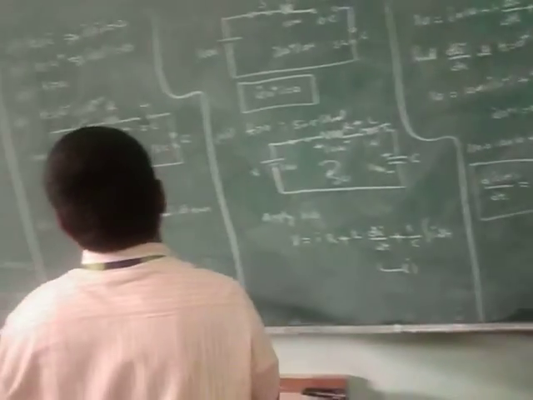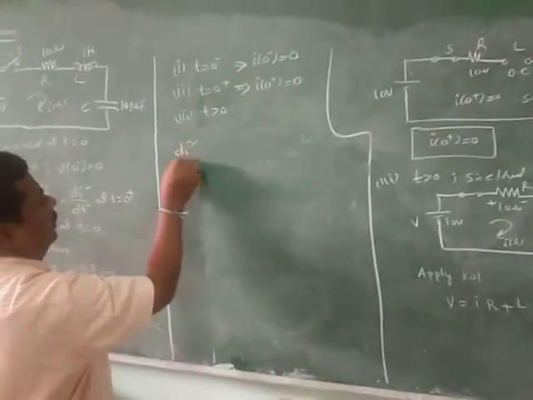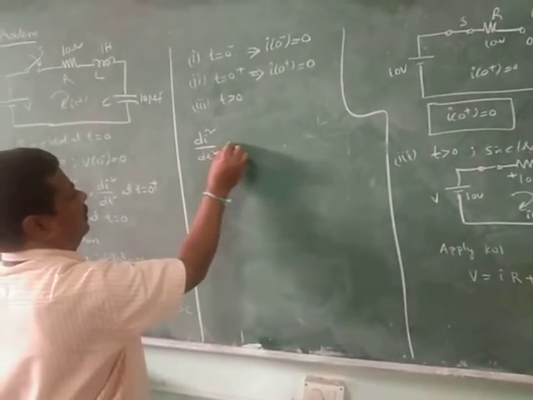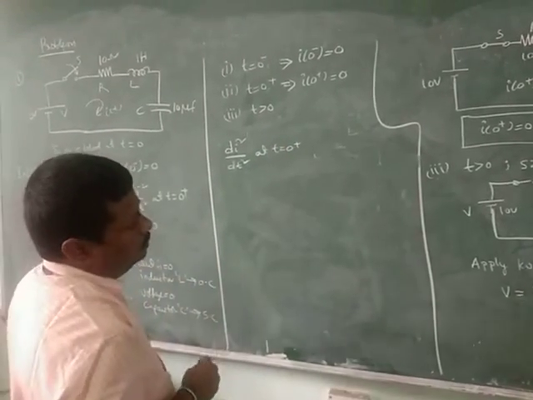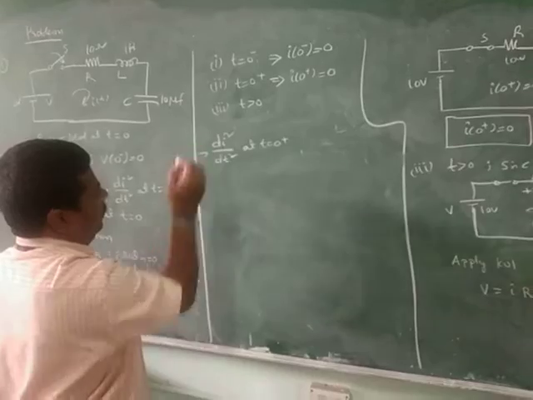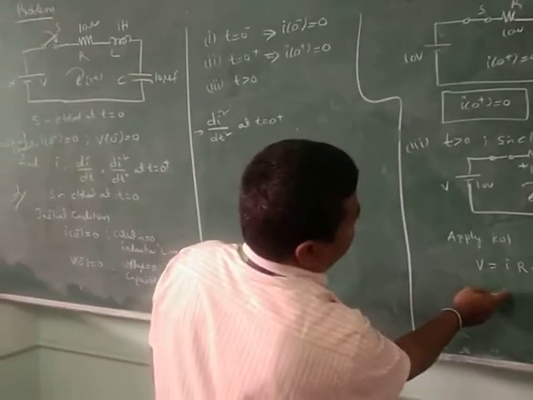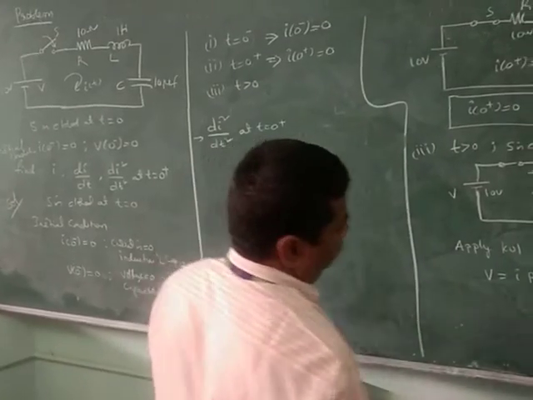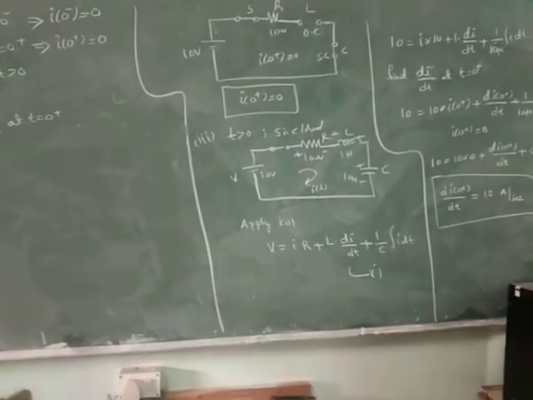Now the second one is d²i/dt² at t equal to 0 plus. This is equation 1; differentiate equation 1 with respect to time.